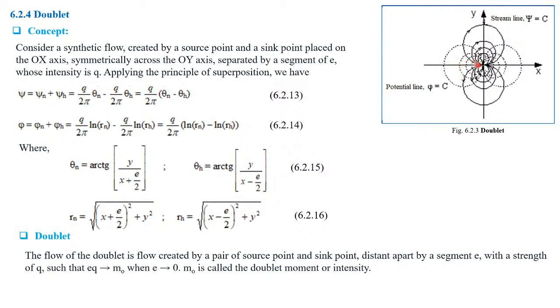A circle, and the center of the circle lies on the x-axis for the potential line, and all pass through the origin. And the two families of circles, streamlines and potential lines, are normal to each other, as you know.